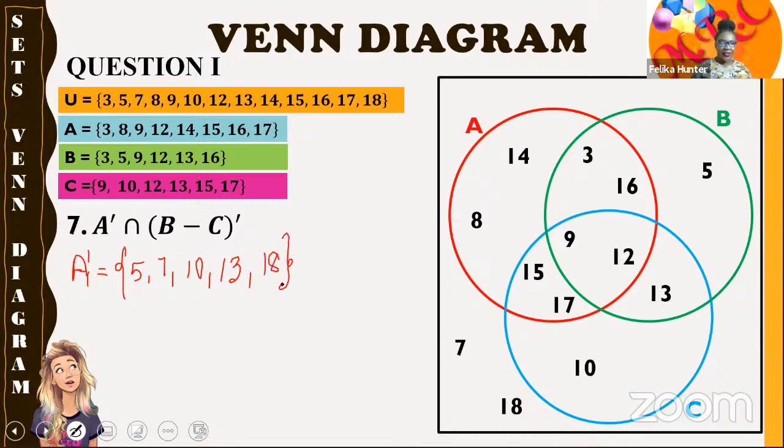So 5, 7. Is there 9, 10, 13? 13 is there, 15 is there, 16, 17 is there, 18. Yes, so Johnny, go ahead for me.